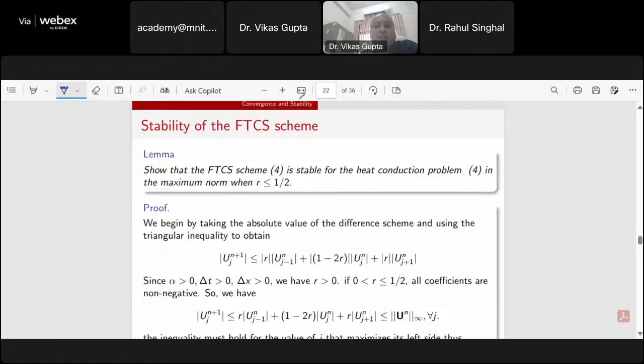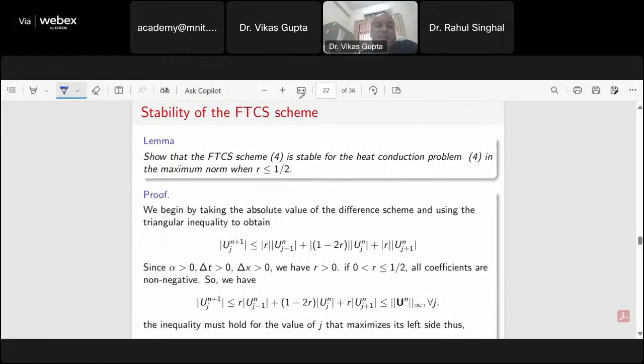So here, with the help of the above definition, first we will show that our forward time central space scheme for the heat conduction problem is stable in maximum norm provided r is less than or equal to 1 by 2. That is, our FTCS scheme is not unconditionally stable. It is conditionally stable.